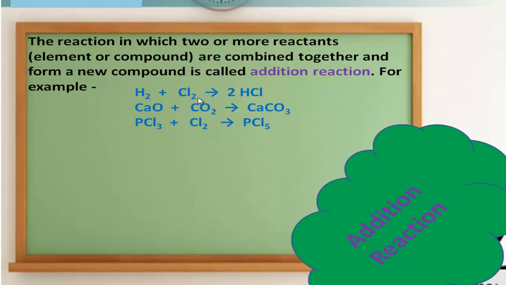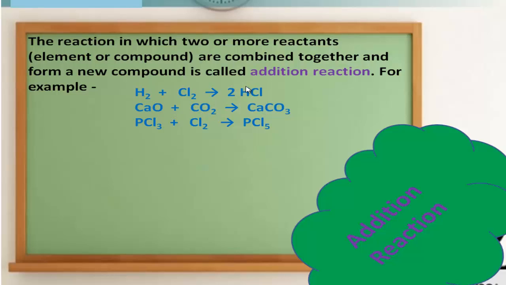Follow here. In this first example these two reactants are elements, but in the second example both reactants are compounds, and in the third example one reactant is a compound and the other reactant is an element. So in addition reaction the number of reactants may be two or more, and they can be present as element or compound.